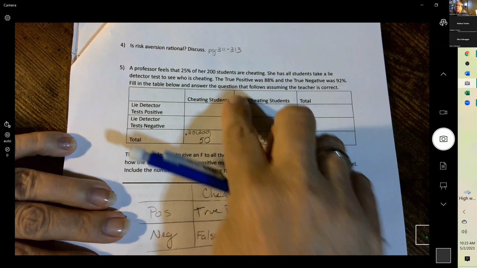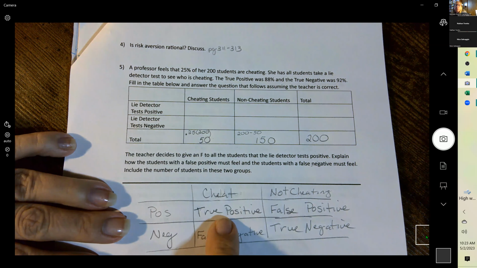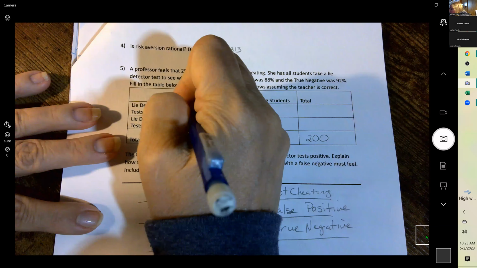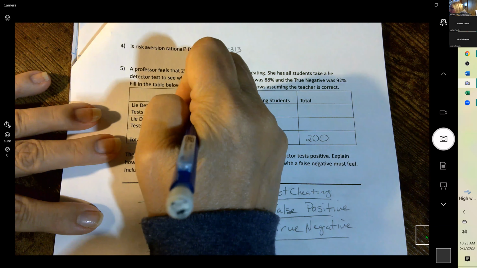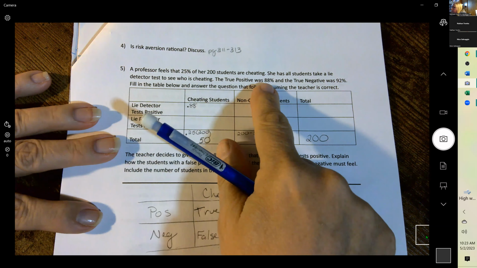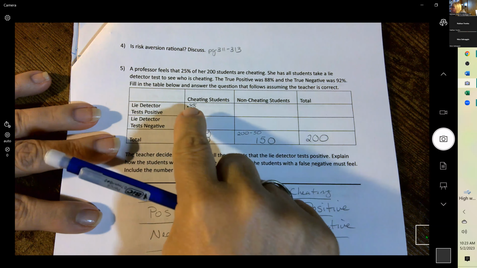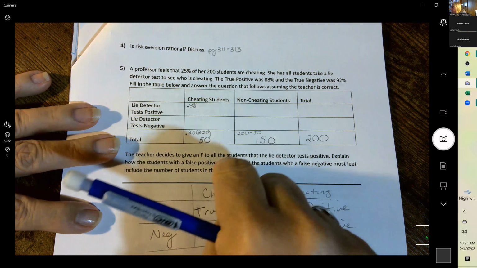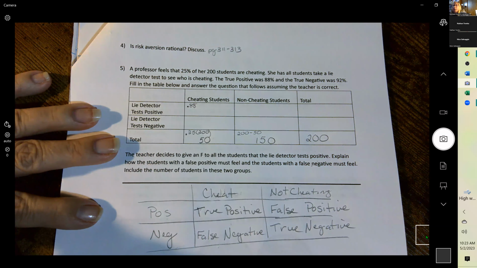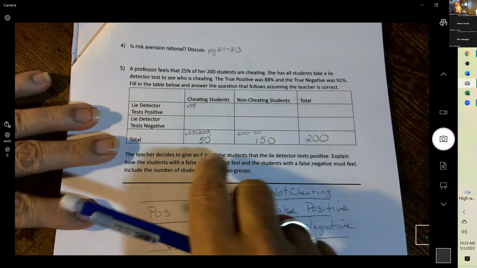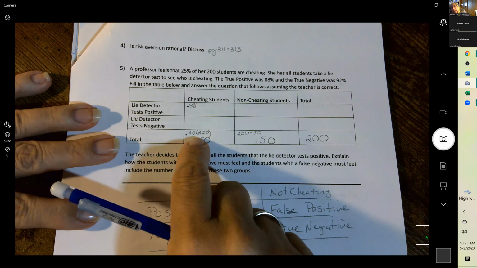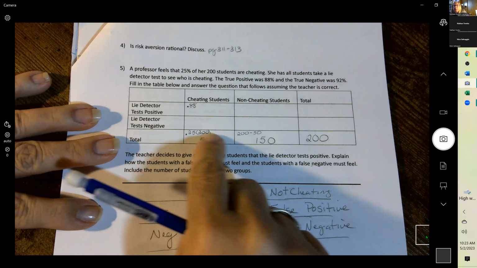So true positive is in this first corner, and it says 88%. A true positive 88% of the time. Now that 88% is if you're cheating, there's an 88% chance that the test will test positive. So it's out of the cheaters. 88% of the 50.